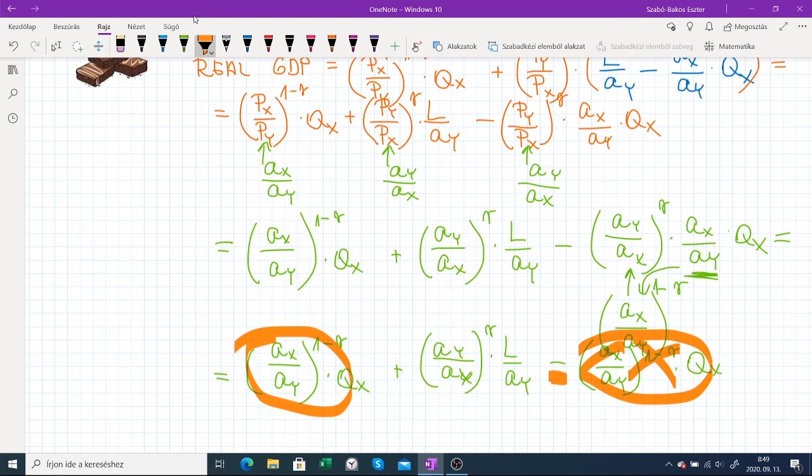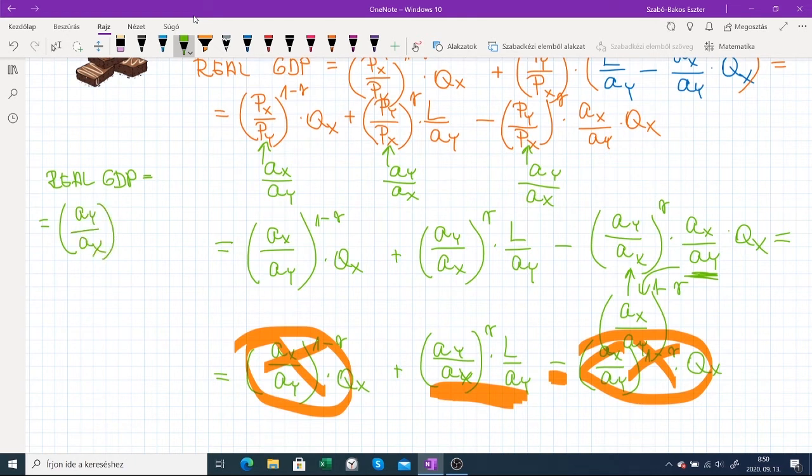And this part eliminates this part, so the real GDP for a closed economy is just this part of the expression: (Ay over Ax) raised to power of gamma times L over Ay. This is the real GDP for a closed economy.